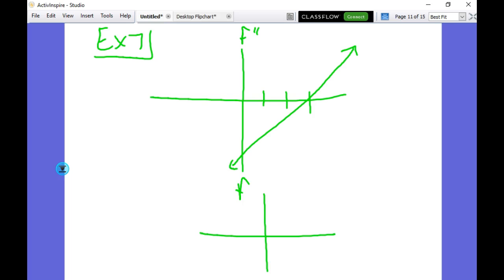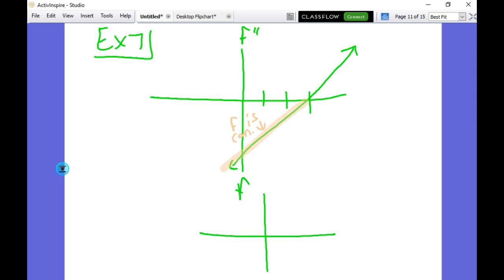Okay. All right. So F double prime represents the what of F? Concavity. Where is F concave down? From negative infinity to 3. Because for that whole half of my graph, F double prime is negative, which means that F is concave down, right?